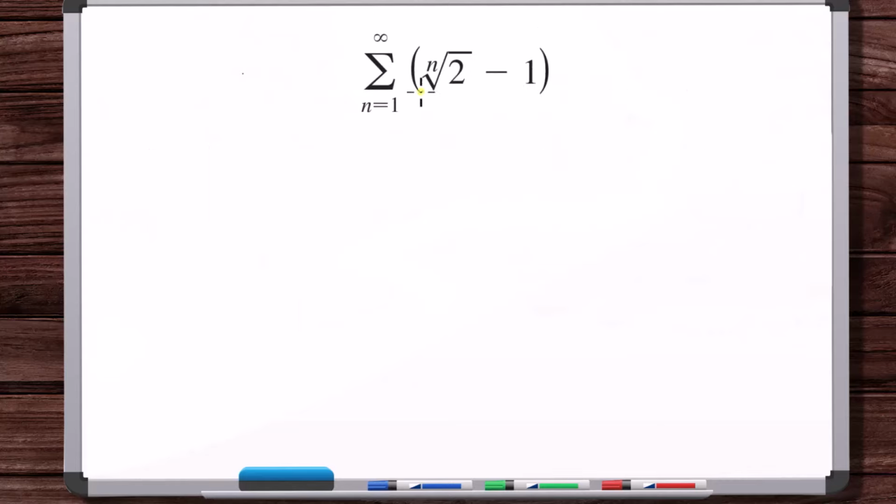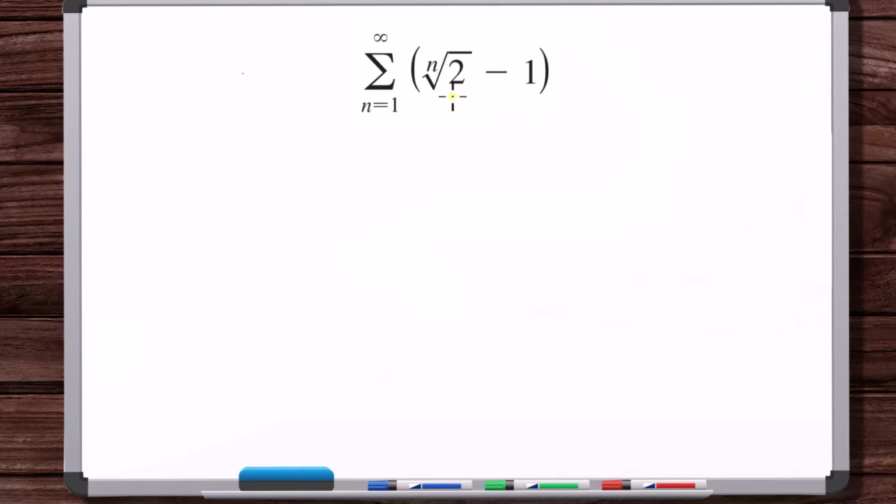Okay, we worked a similar problem to this earlier, but there was a difference, so we're not working the same problem twice. What we saw was that the nth root of 2 approaches 1 as n goes to infinity.